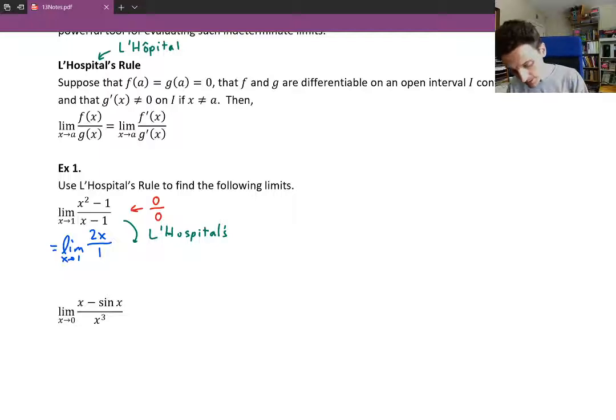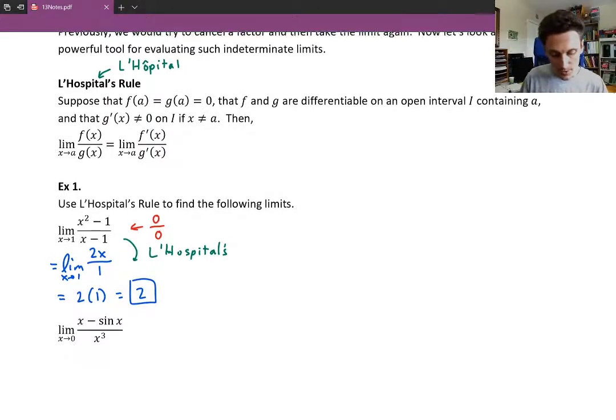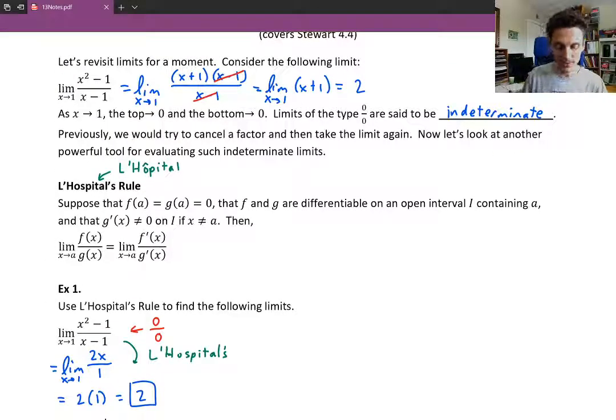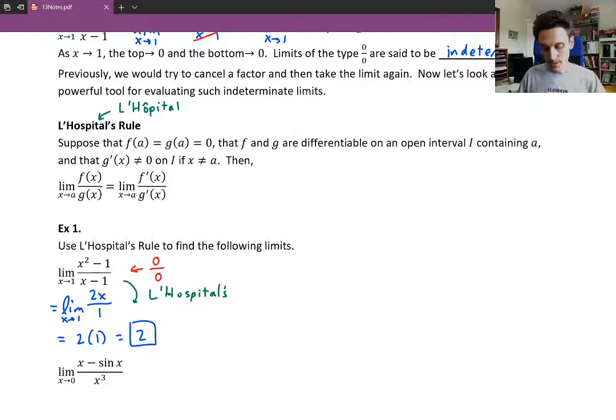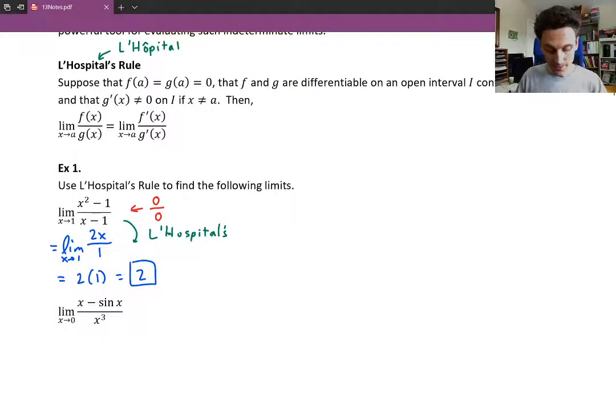Now we can evaluate this new limit by plugging in x equals 1, and we get 2, which is exactly what we had before. We got 2 before by doing that other technique that we talked about. That's pretty cool. L'Hopital helps us out. One of the things you might wonder is, why didn't we ever do that to begin with?